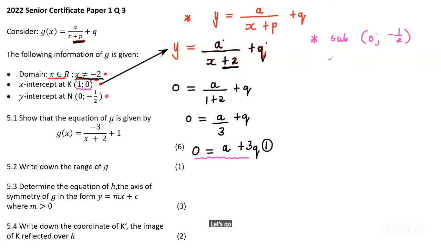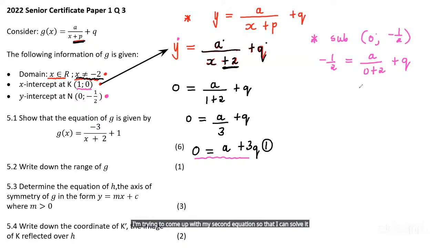So it looks to me, I've got y is negative half, and the value of x is 0, then plus q. I'm trying to come up with my second equation so that I can solve it simultaneously.